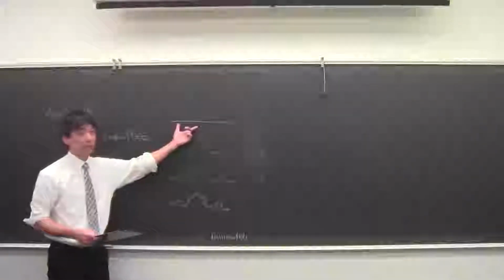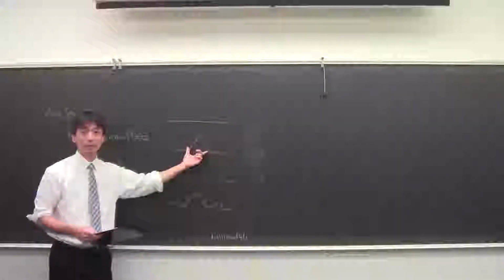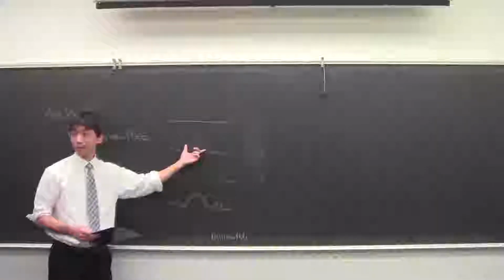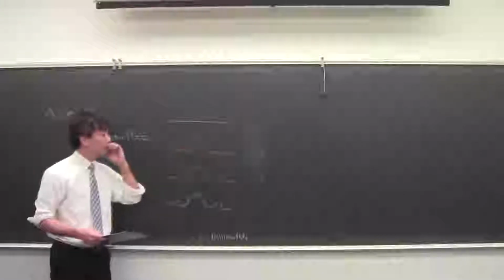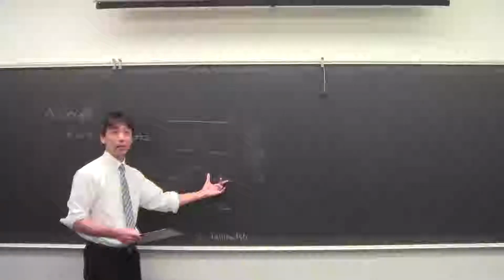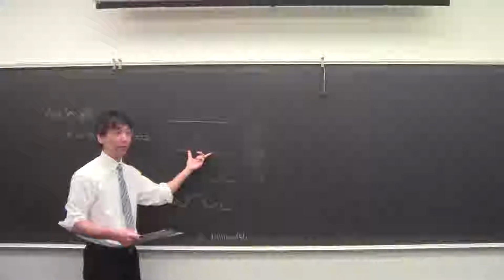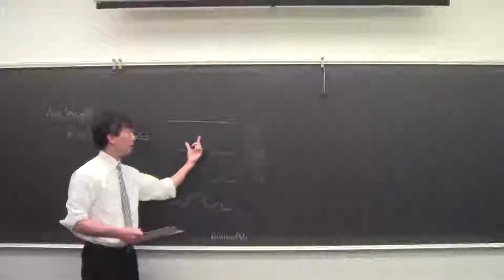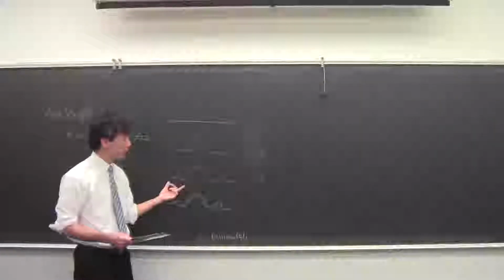Well, let's think. This thing was length 1. How long is this? 1 1/3, it's 4 thirds. Well, how long is this then? 16 ninths. You've taken every length and multiplied it by 4 thirds again.